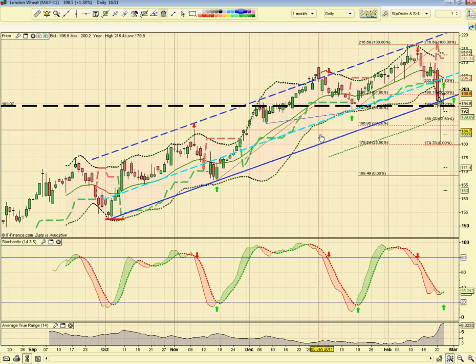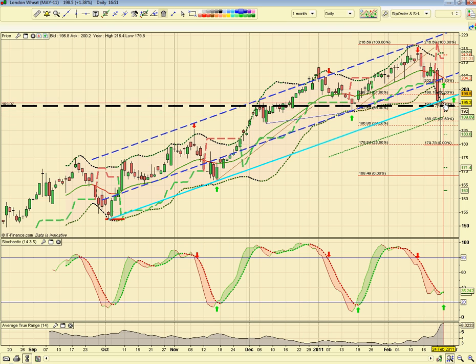The moving averages have changed to a downward sloping indication, and the super trend has gone red, so that is indicating a short-term, medium-term downwards trend. Where are we on the Bollinger Band? The action of the last 3 days has been below the bottom of the Bollinger Band.